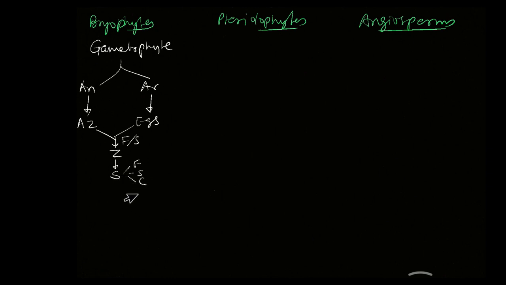In this capsule, meiosis division occurs, and after the meiosis division, spores are formed, and these spores, after germination, form protonema, and this protonema develops into the gametophyte.